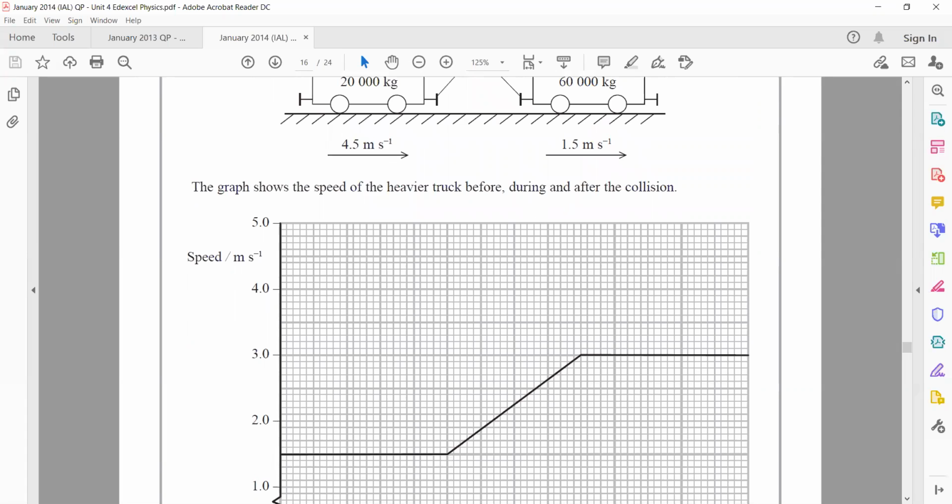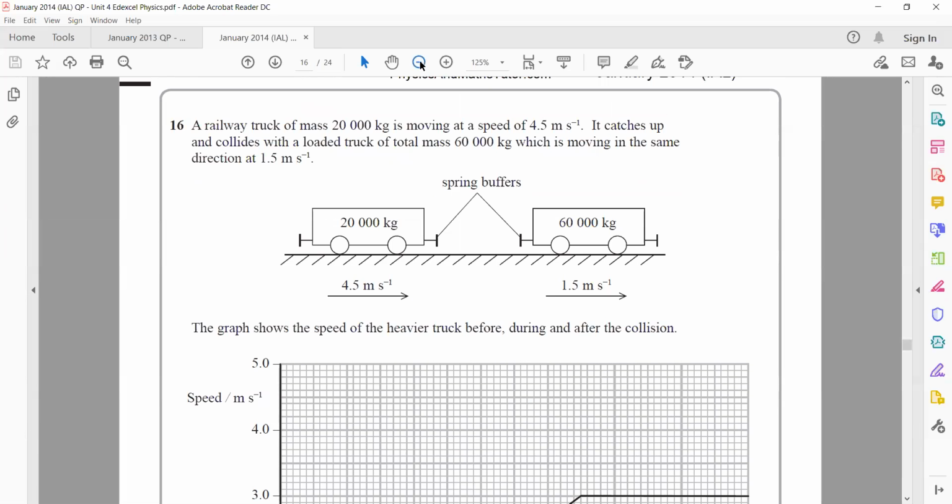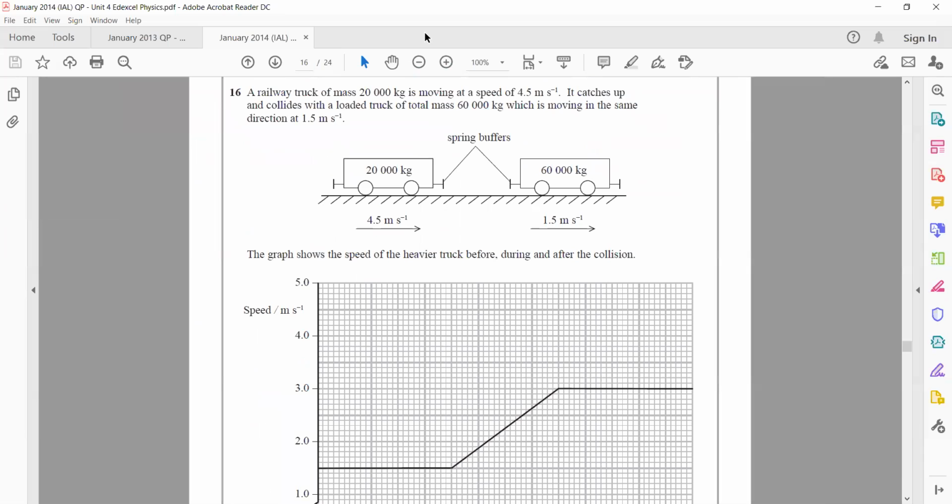So how can you show this? For this, you have to use conservation of momentum again. The momentum before collision should be equal to the momentum after collision. We'll take the formula m1 u1 plus m2 u2 is equal to m1 v1 plus m2 v2.